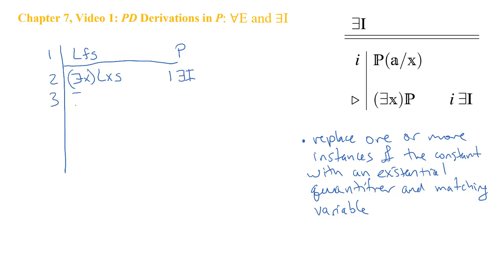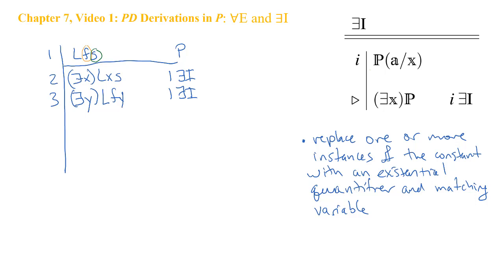Or we could also go to, I'll use a different variable here, some y, Lfy, Fred loves someone. But unlike the previous example, where we had Fred loving himself, we have 2 different constants here.